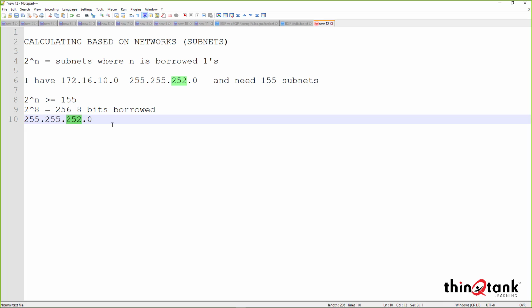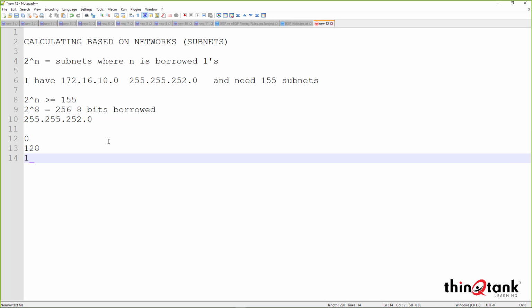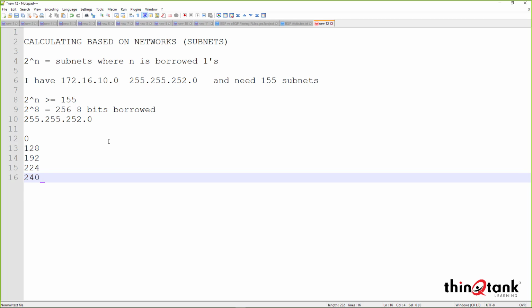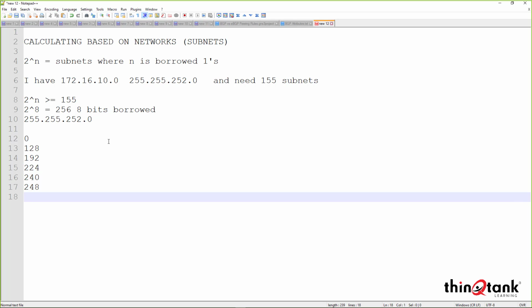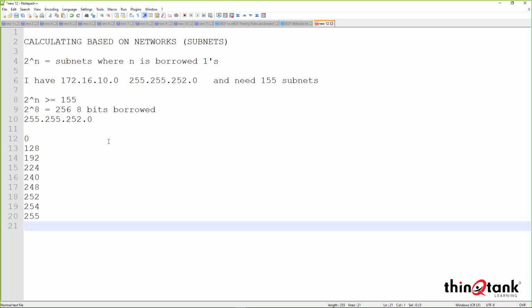0, 128, 192, 224, 240, 248, 252. You just have to kind of get used to that. That's that scale we talked about. 0, 128, 192, 224, 240, 248, 252, 254, and 255. Those are the only possible values you would see.